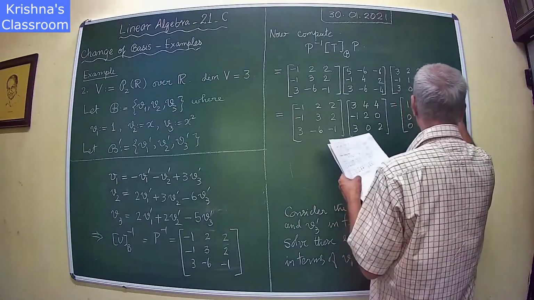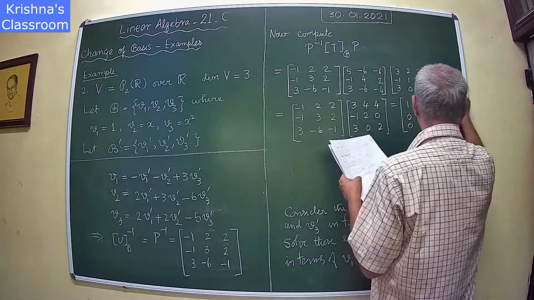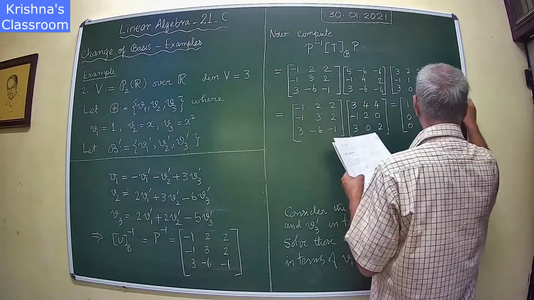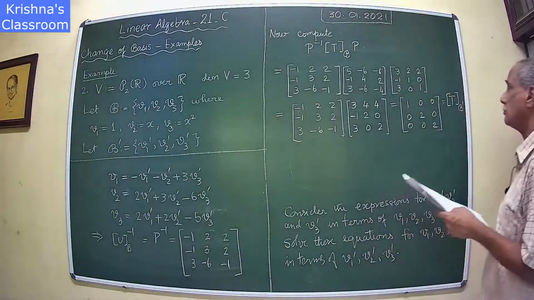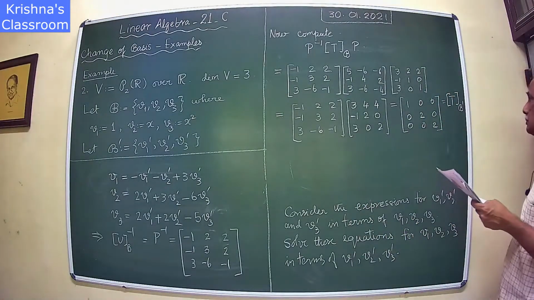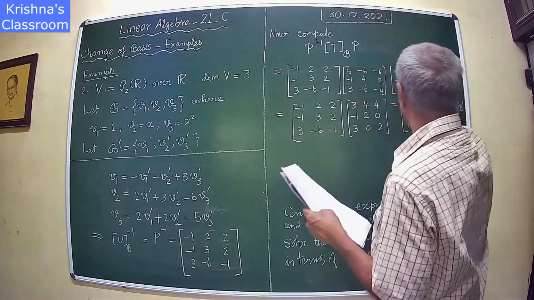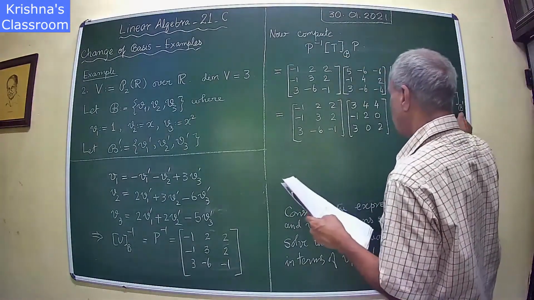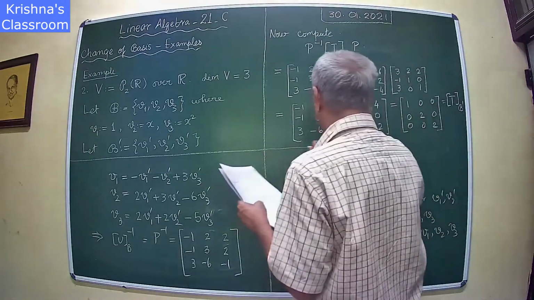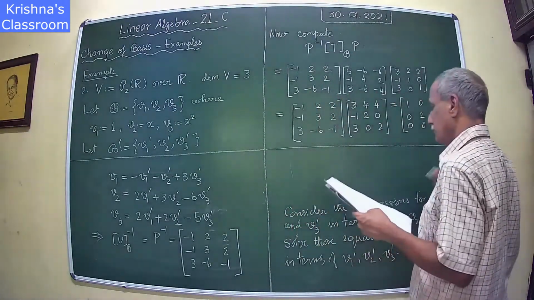This is equal to T B prime. Therefore, P inverse T B P is equal to T B prime. Now this is the final computation.